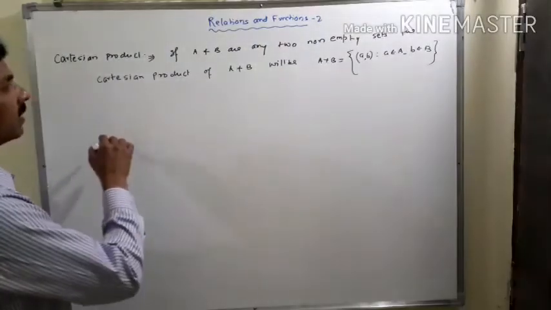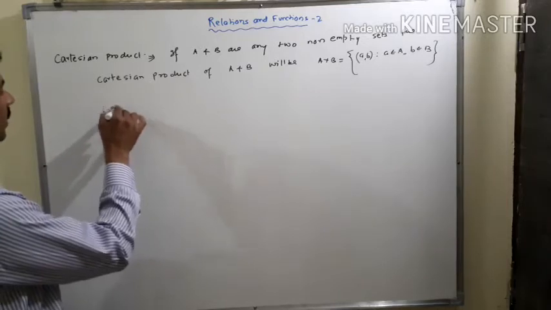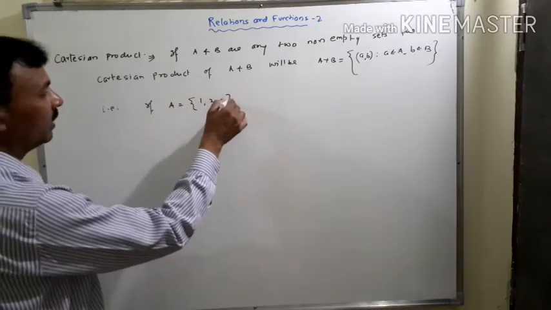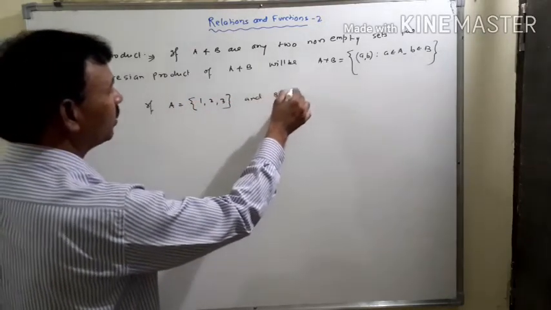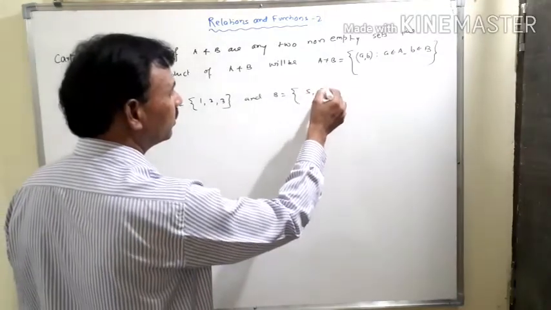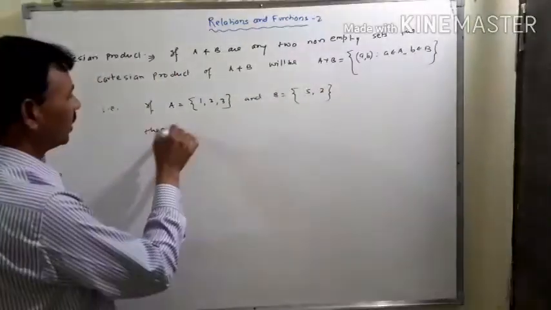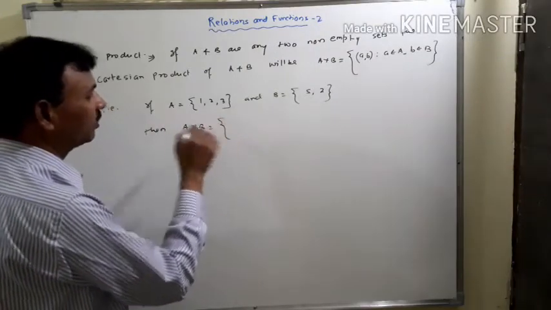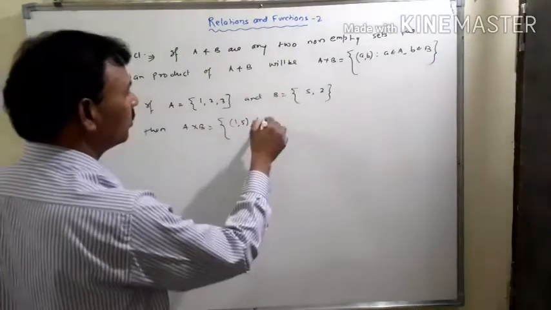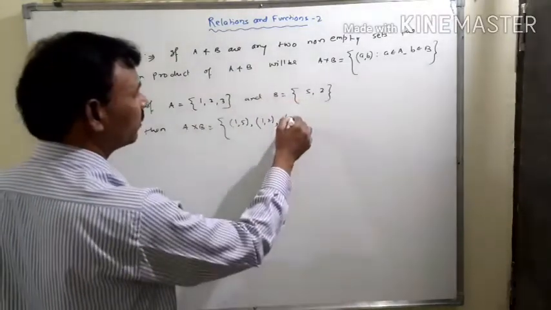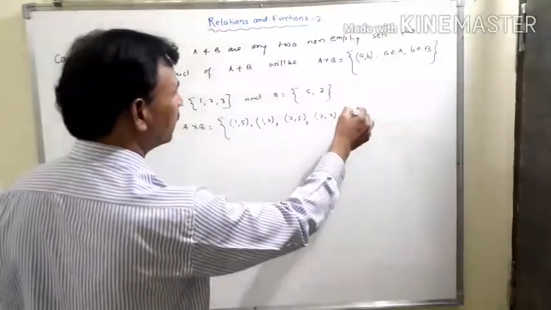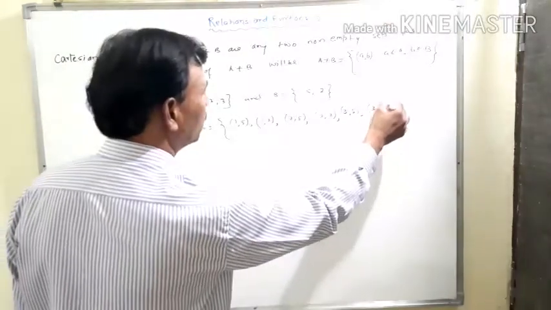Now we will take an example. If A is a set, A equals {1, 2, 3} and B equals {5, 2}, then the Cartesian product represented by A cross B equals {(1, 5), (1, 2), (2, 5), (2, 2), (3, 5) and (3, 2)}.